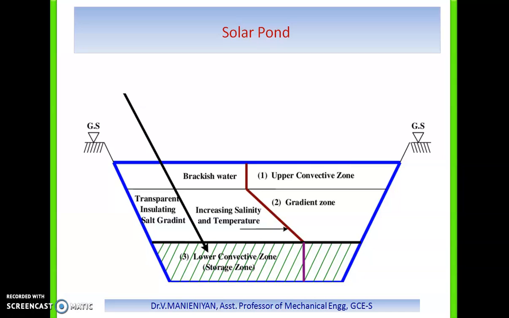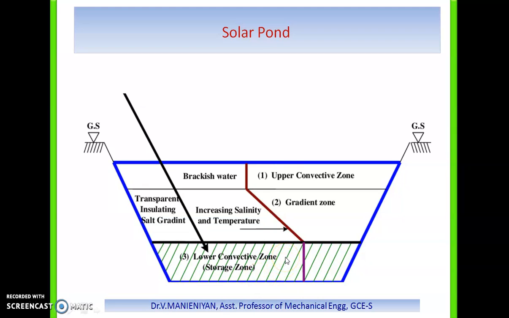In this case, thermal expansion of the hotter lower layer is insufficient to disturb the pond. With convection suppressed, heat is lost from the lower layer only by conduction. Because of the relatively low conductivity, the water acts as an insulator, and temperatures over 90 degrees Celsius can develop in the bottom layer.